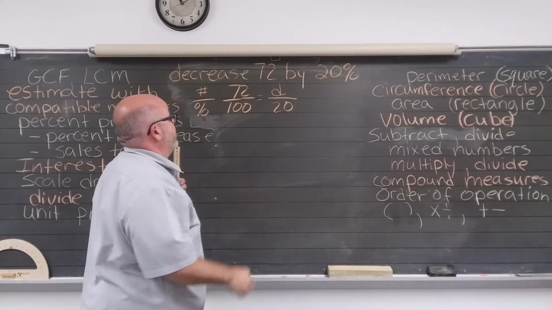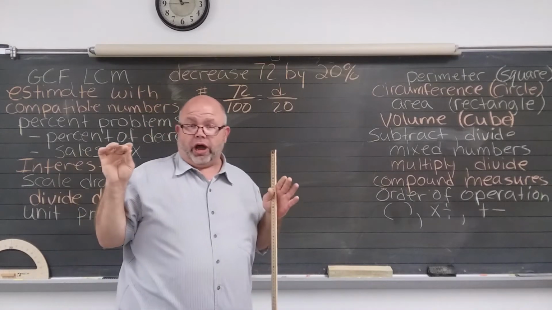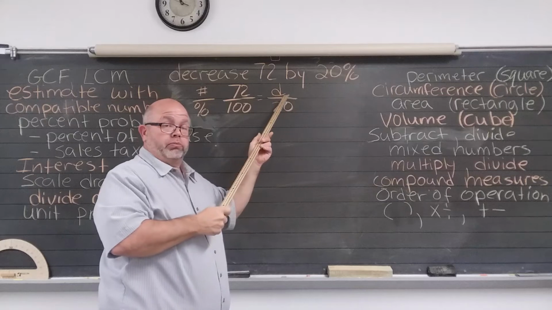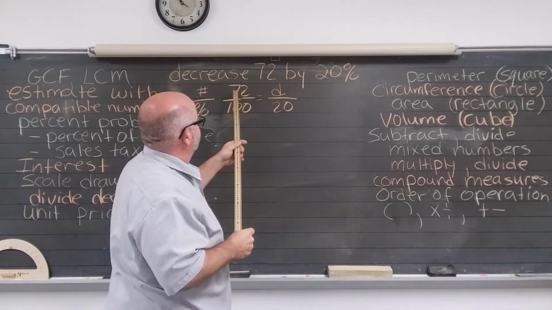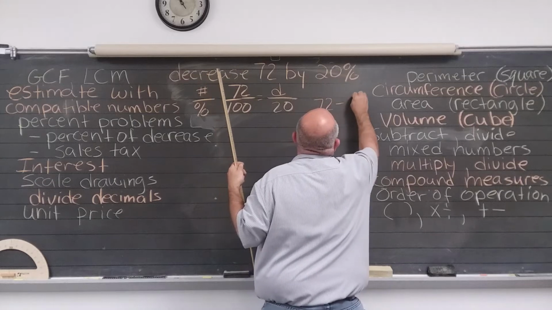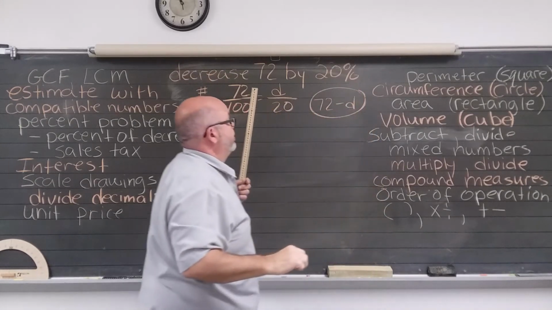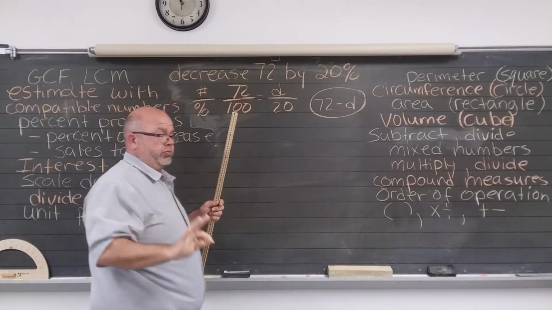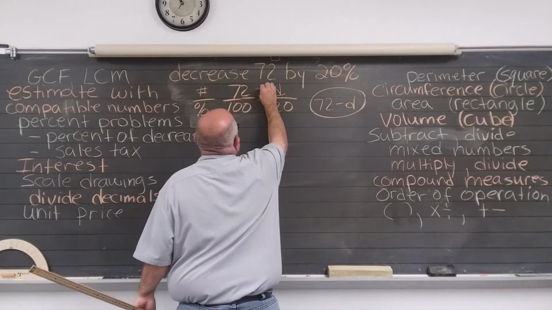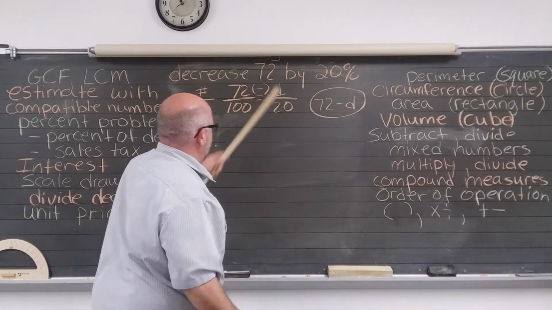Your final answer on this one is not the missing number. Your final answer is 72 minus D. D is how much you decrease. Decrease means subtract. So you're subtracting this from 72 to get your final answer, but you have to find this first.